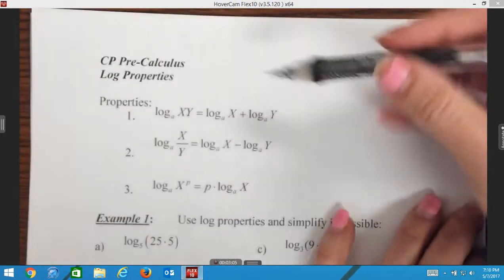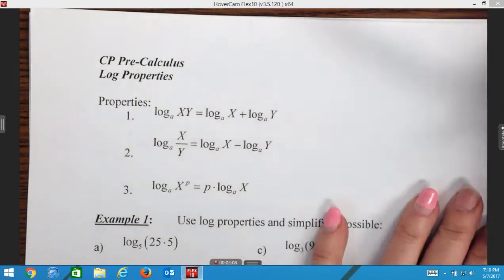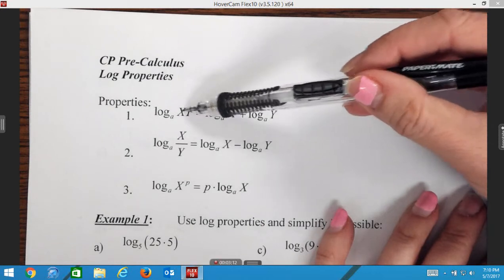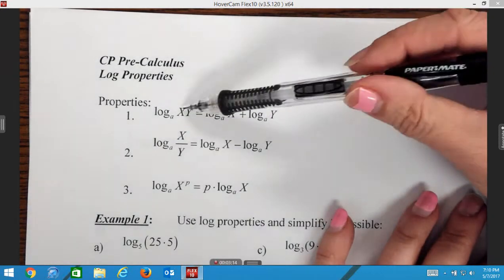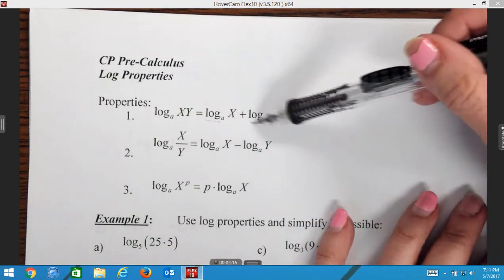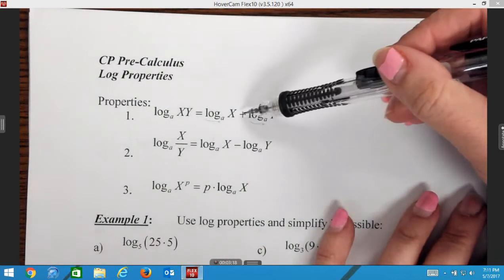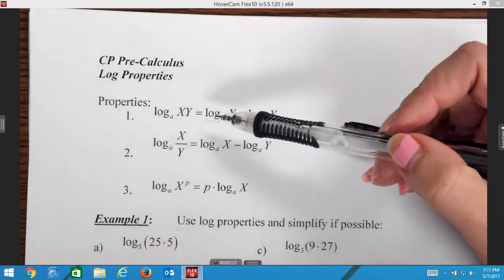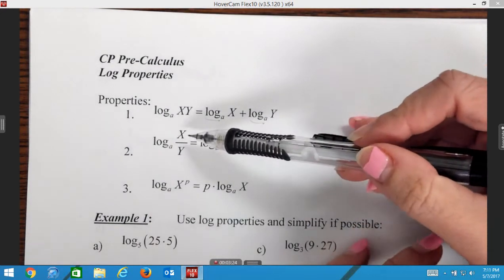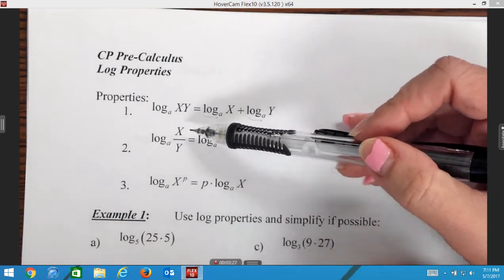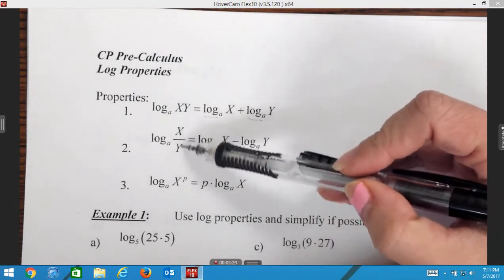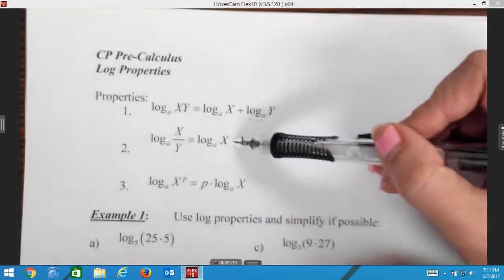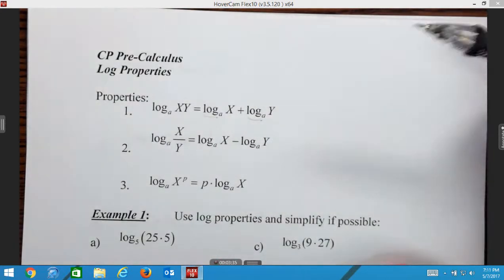So here we have the 3 log properties that we're going to use today to expand logarithms, and that's going to help us simplify things a little bit easier. So if we are multiplying two numbers, we can separate each of those numbers with their own log, same base, and put an addition sign in between. If you are dividing like bases, we normally subtract the exponents. So here when we are dividing with a logarithm, we can take the log of the numerator and then subtract log of the denominator.